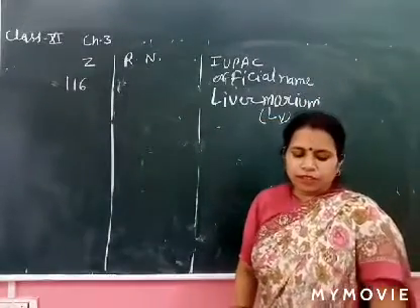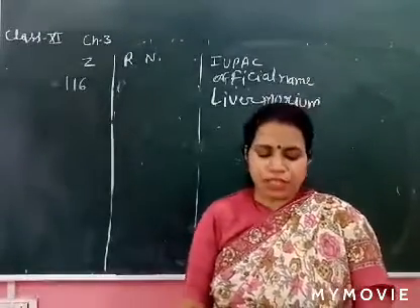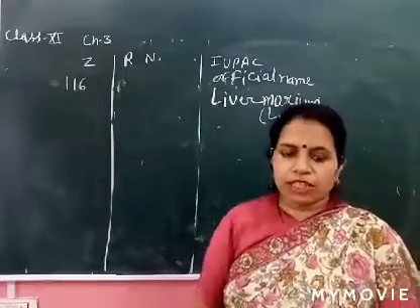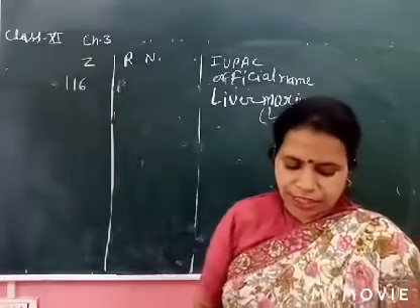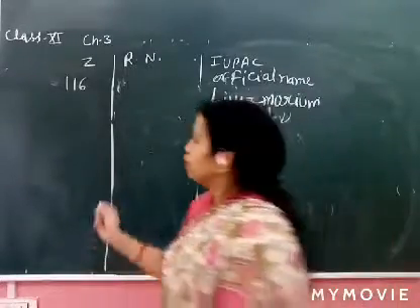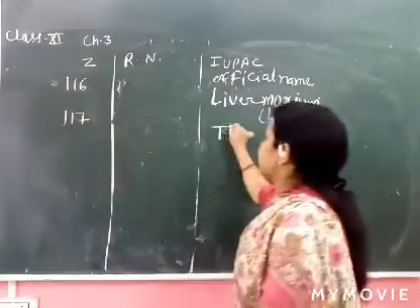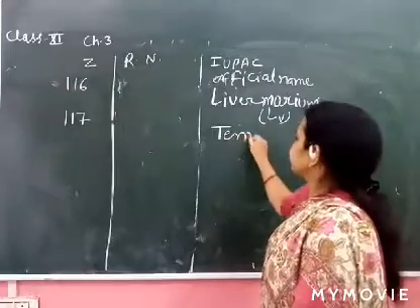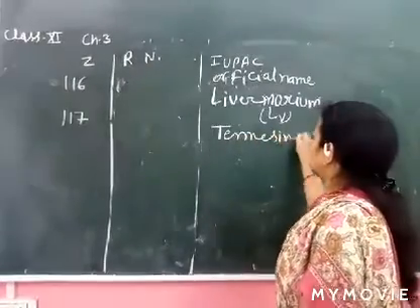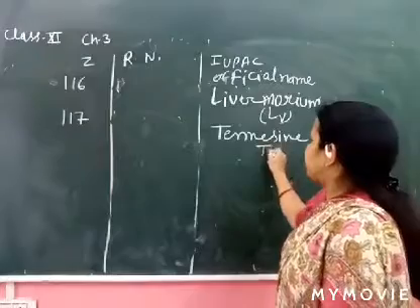Next, 117, Ununseptium. Its name is Tennessine, and its symbol is Ts.